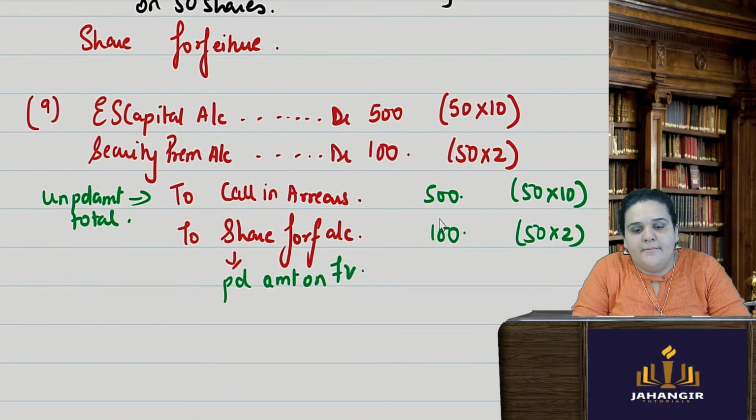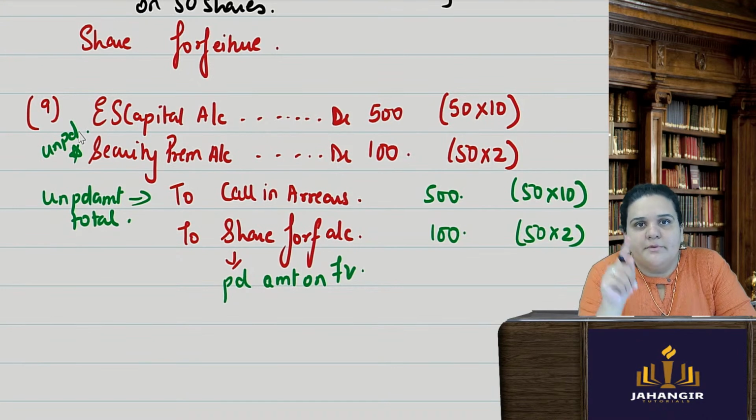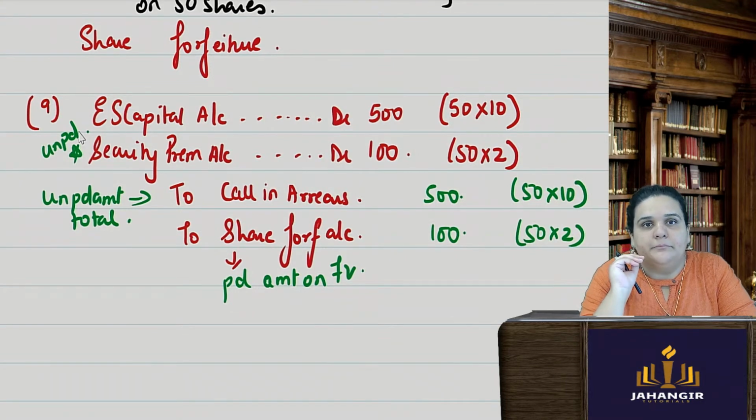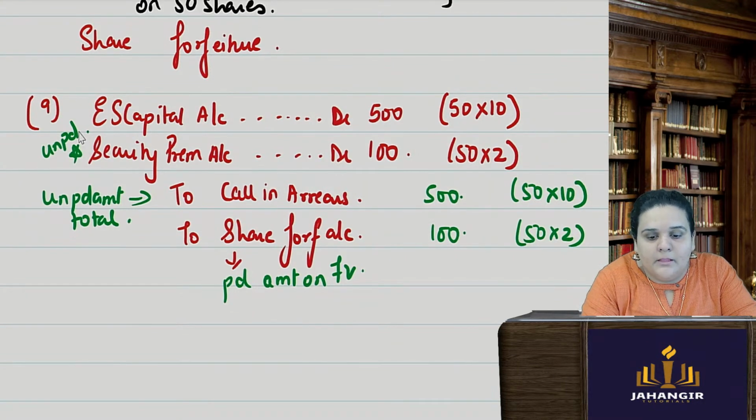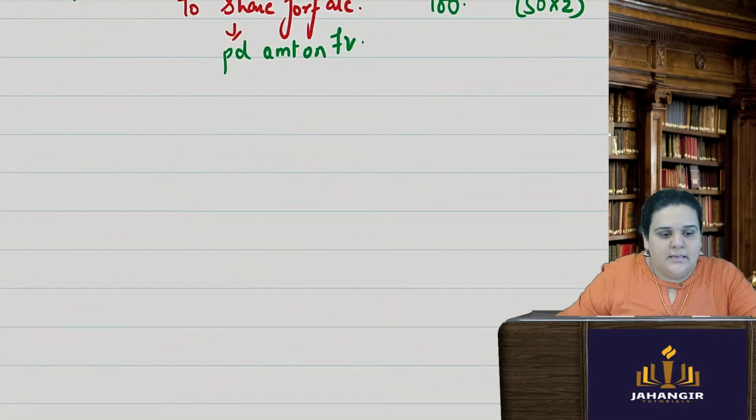See, then only my debit is equal to my credit, 600. So this is how my ninth journal entry changed a little bit when securities premium was unpaid. Only when securities premium is unpaid, there will be a debit effect to be given. Okay, now moving on to the last one.